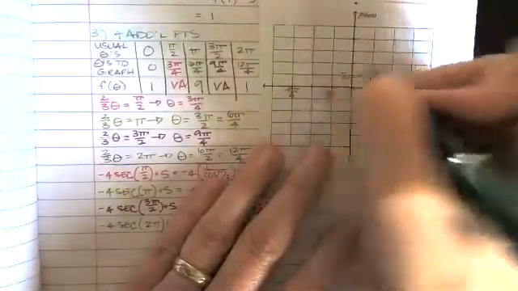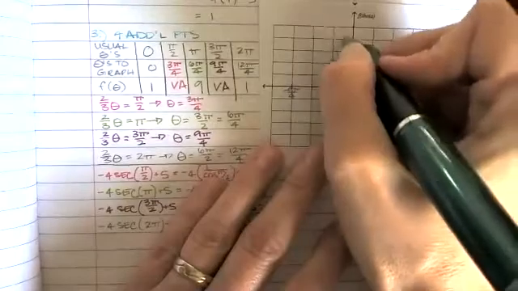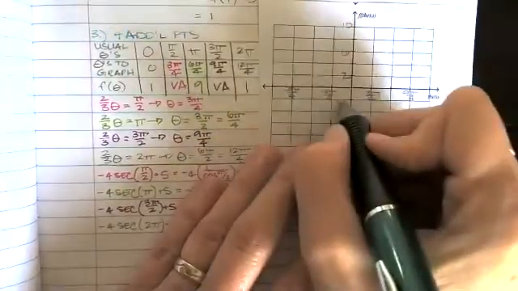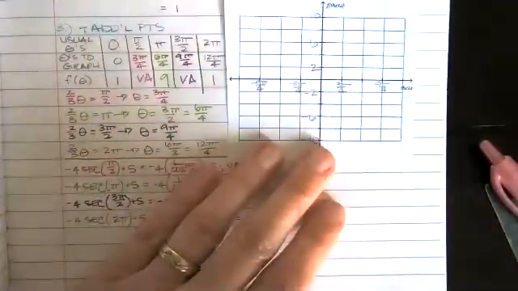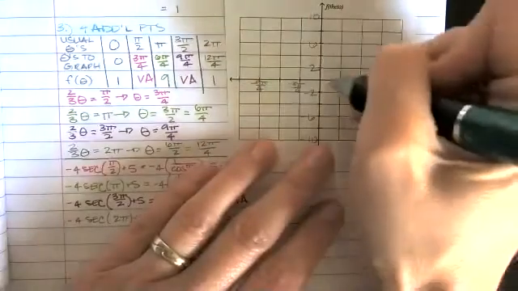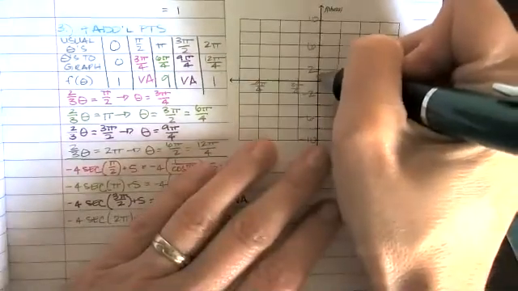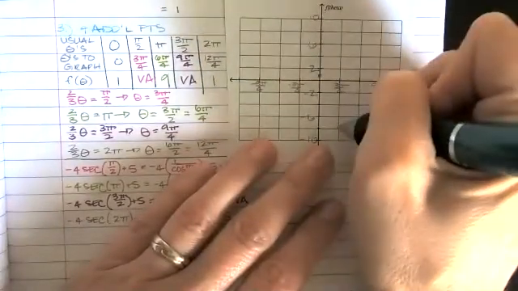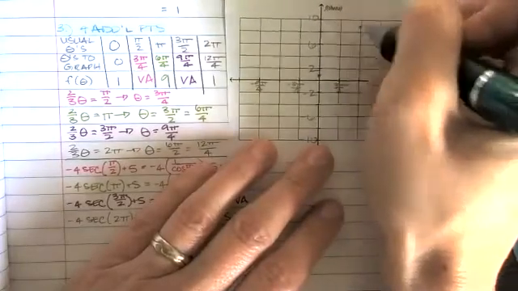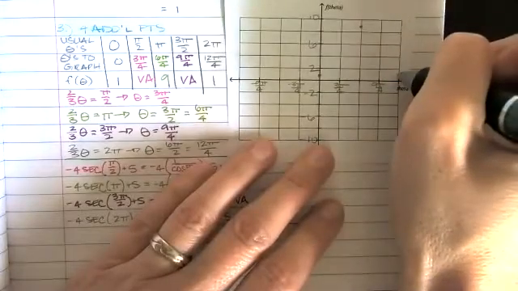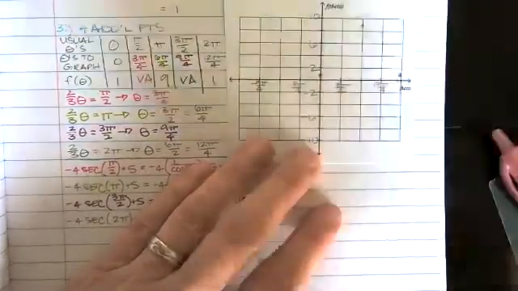And we need to count by 2's, 4, 6, 8, 10. Okay, so what do we got? At 0, we have 1. At 3 pi over 4 is the vertical asymptote. At 6 pi over 4, we have 9. Then a vertical asymptote, and then back to 1.